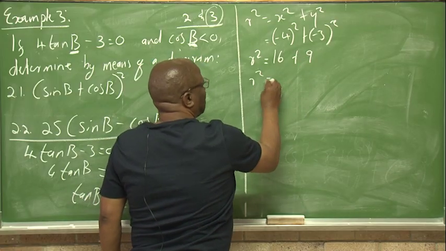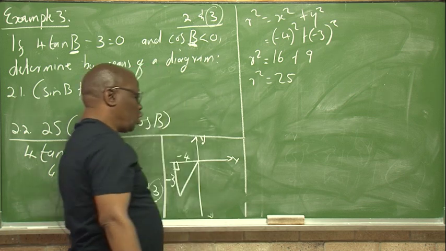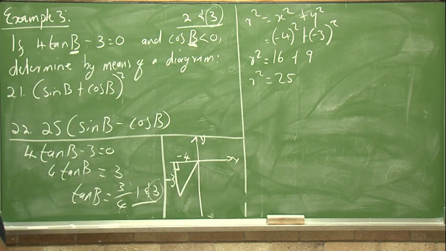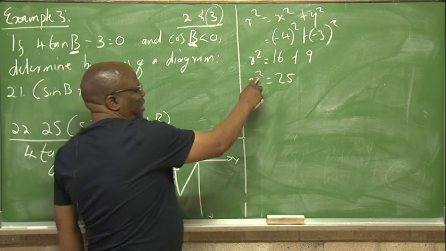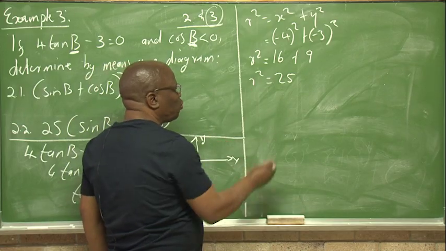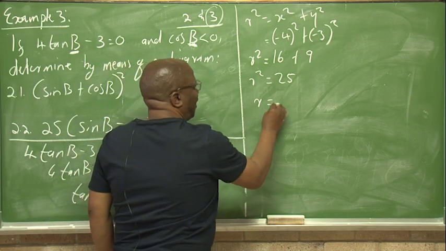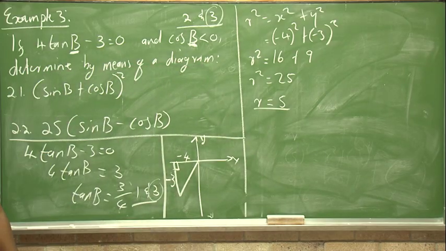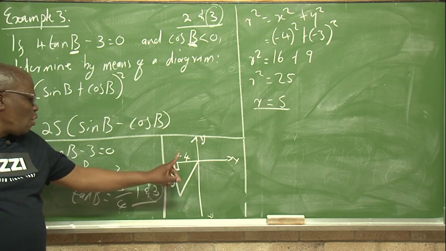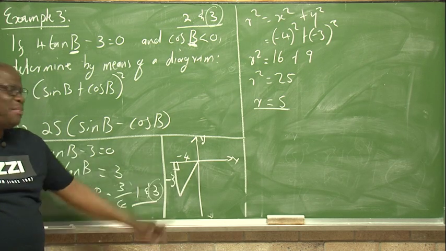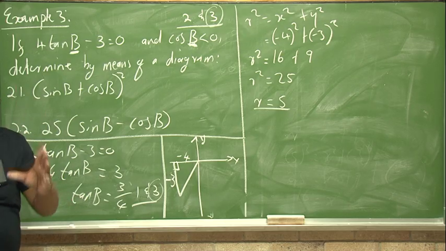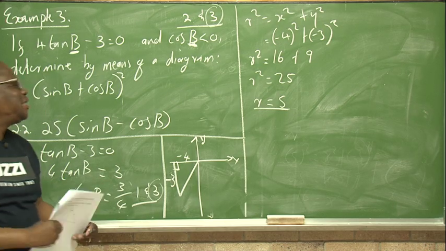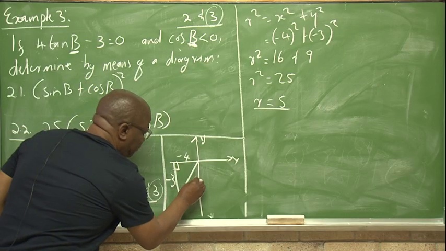So R squared is equal to 25. Determine the square root on both sides to eliminate the square, and you've got R as 5. R represents the hypotenuse, and the hypotenuse is always positive. X can be negative, Y can be negative, but the hypotenuse R is always positive. R here is positive 5.